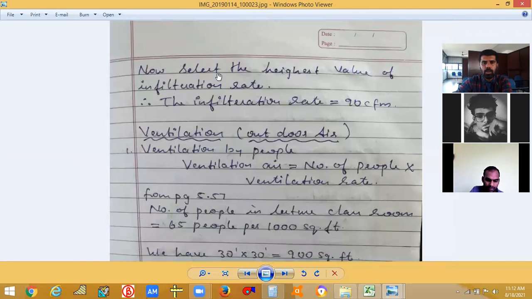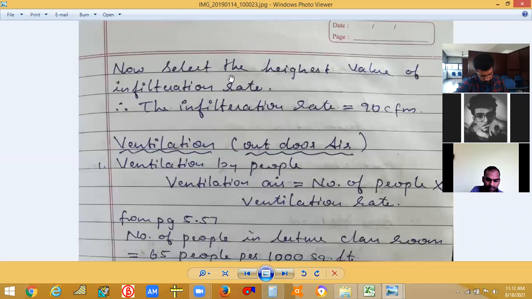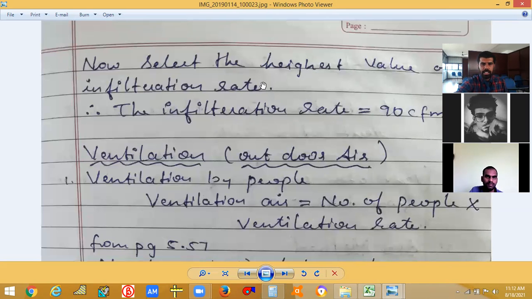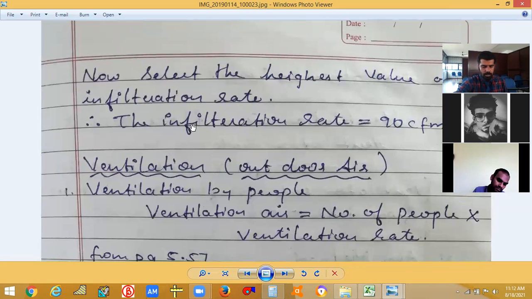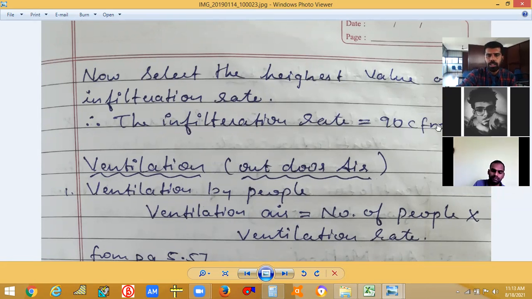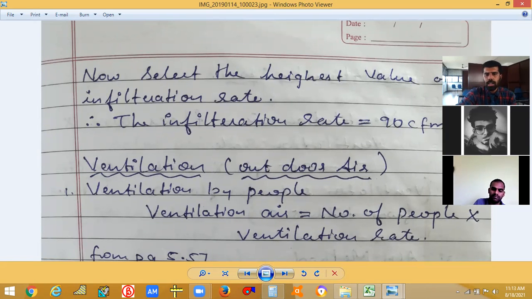So now select the highest value of infiltration. It's not infiltration rate, it is infiltration air. Now you have to select the largest value of infiltration. So the value is 90 CFM.